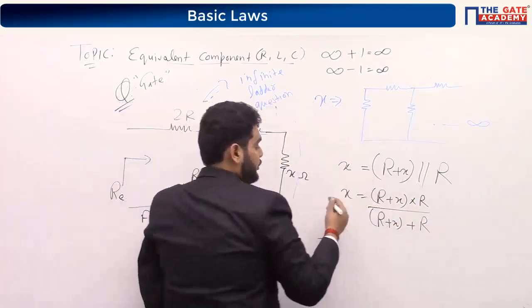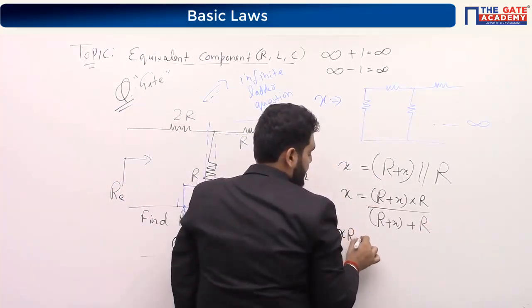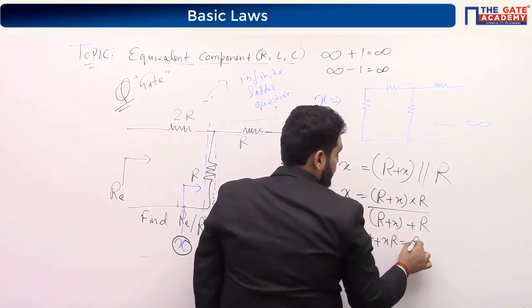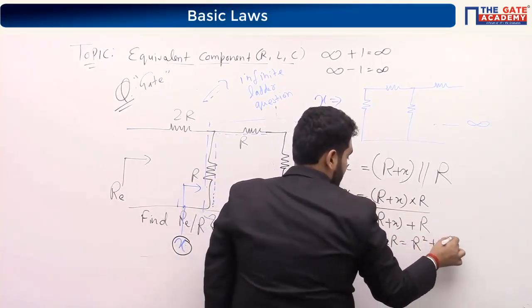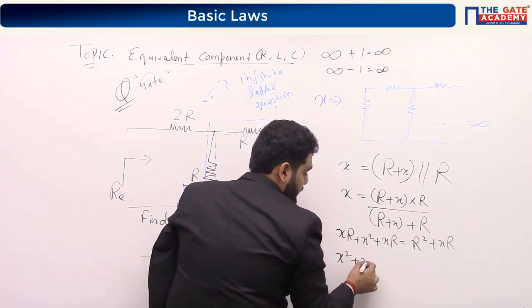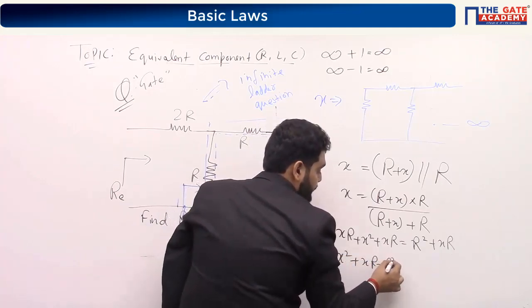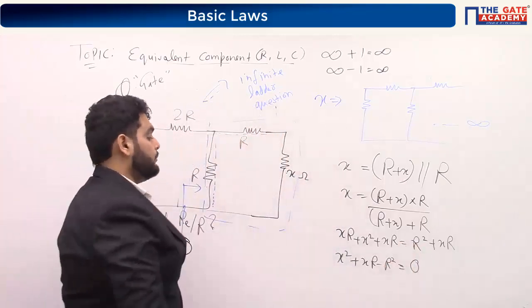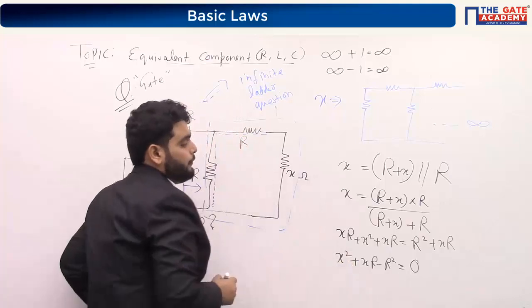From here I can write XR plus X square plus XR equal to R square plus XR. From this I find X square plus XR minus R square equal to 0.